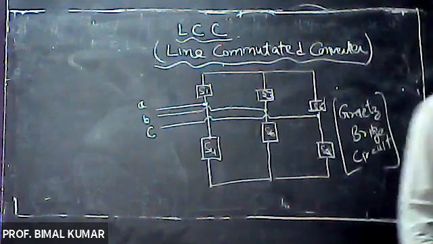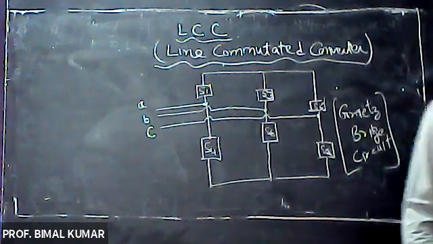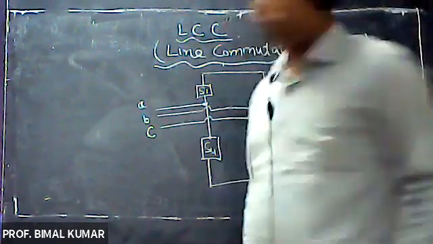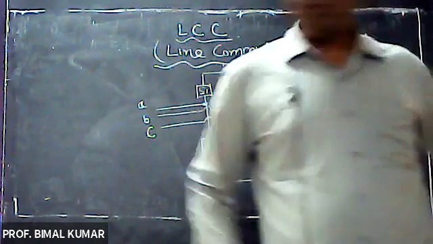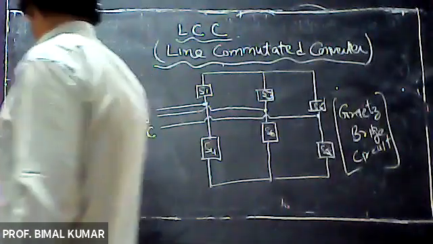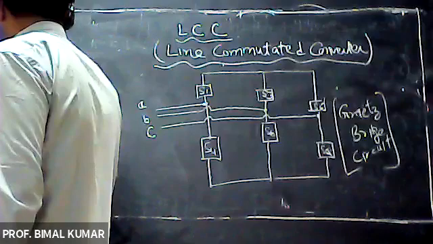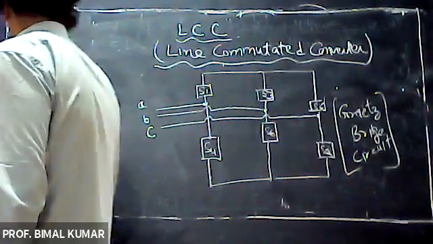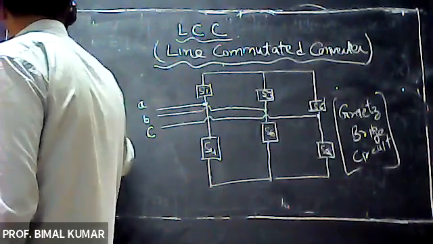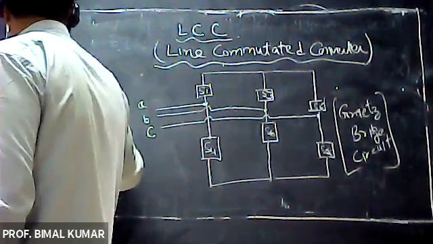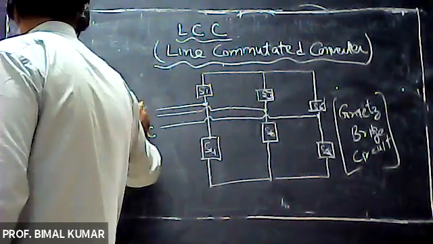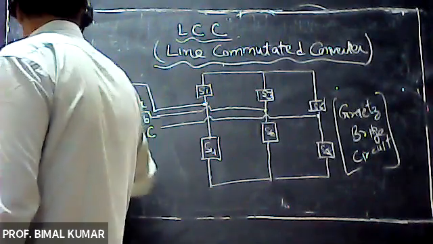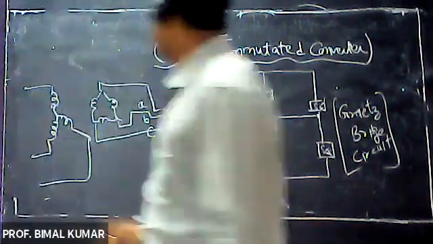First is galvanic separation between AC and DC side. Let us suppose this is your star type, and this secondary is delta type, connected here as B, C and A. You may interchange these connections.